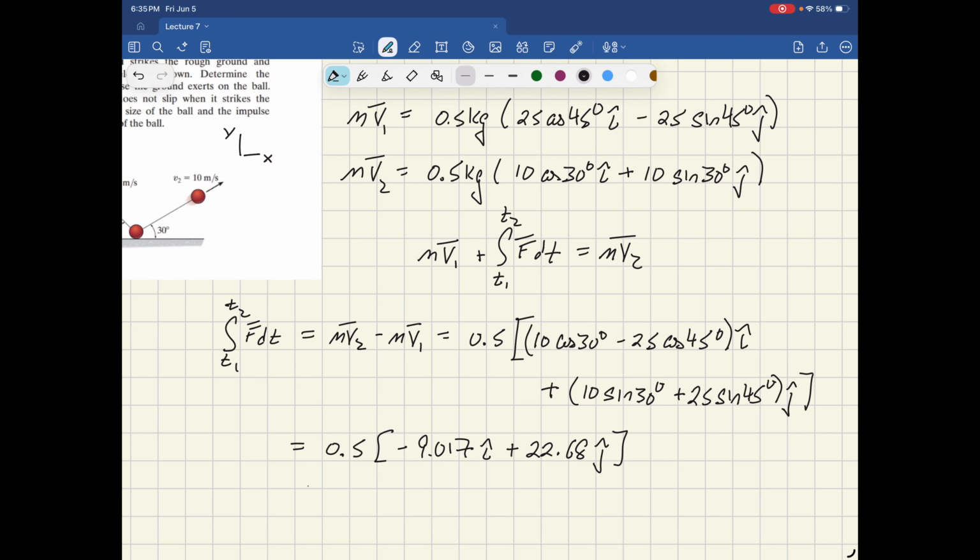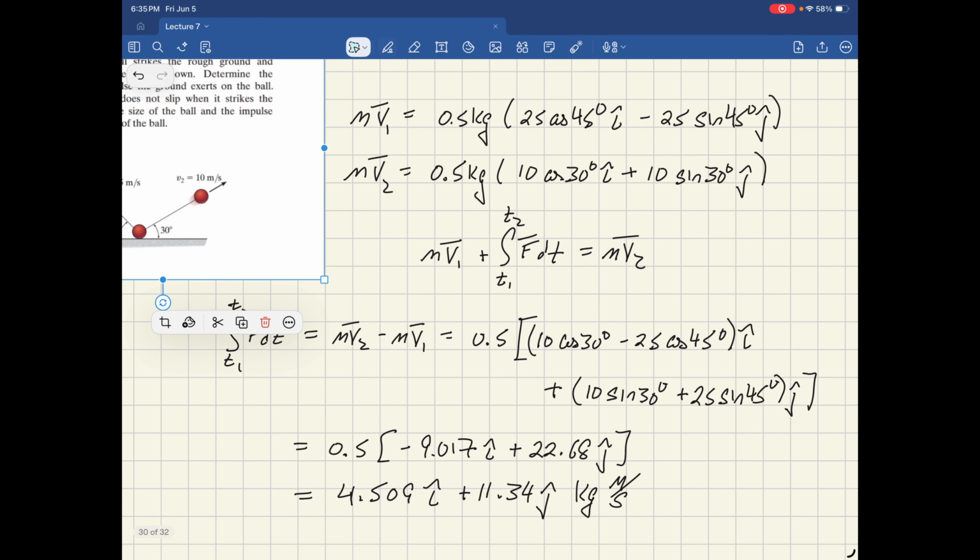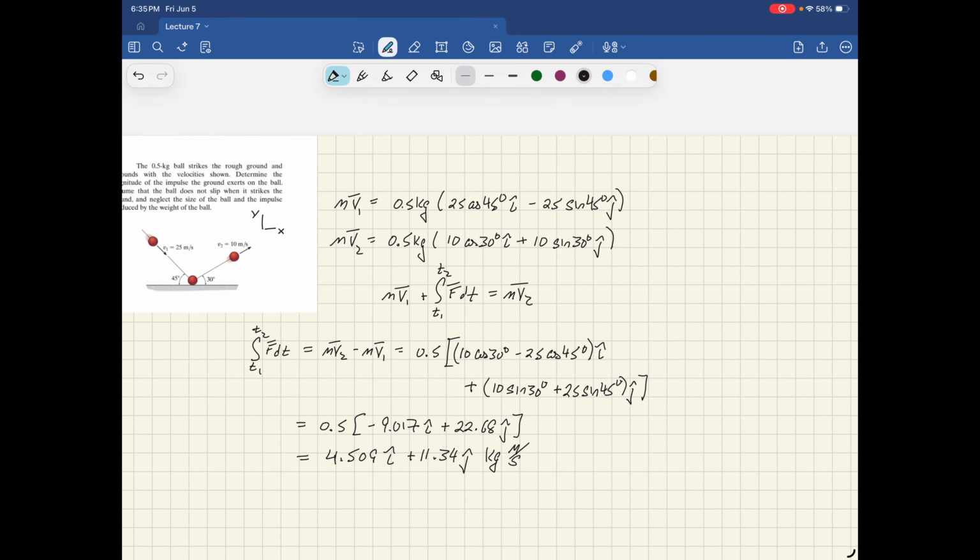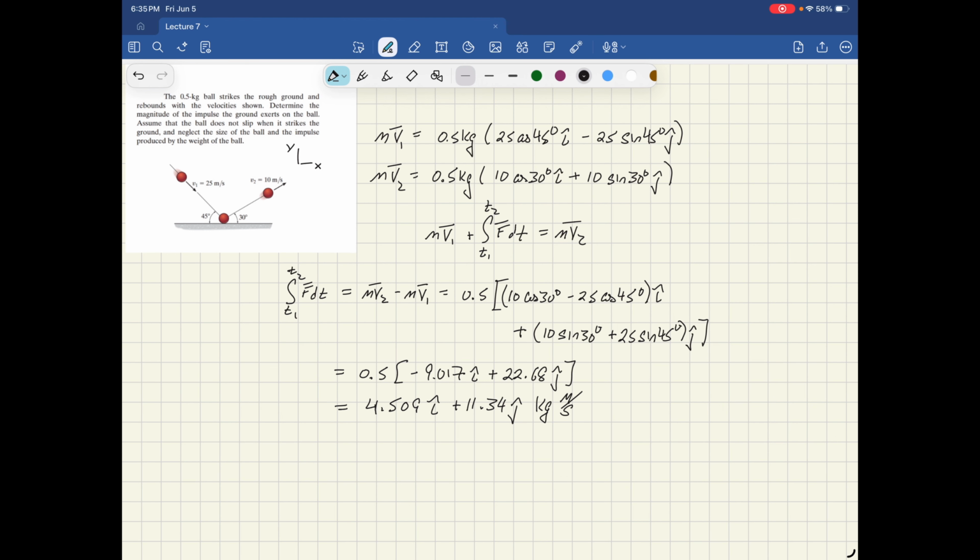Multiplying through by 0.5, we end up with 4.509 I plus 11.34 J, and my units are kilogram meters per second. The problem statement itself is looking for the magnitude of the impulse.